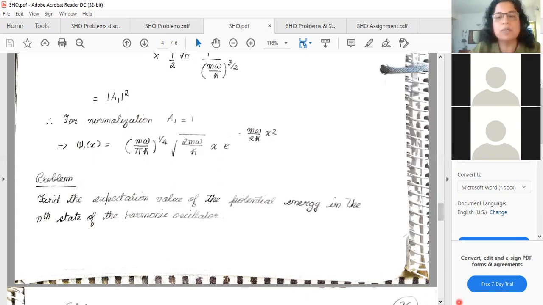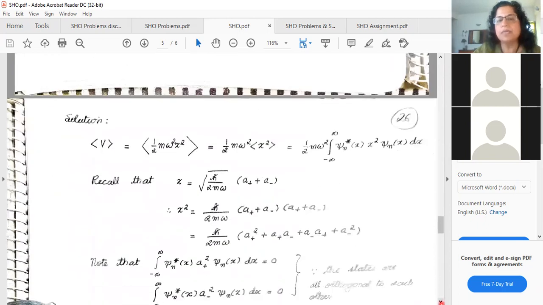In this, of course, what you have to do is remember what your potential energy is. If you remember, it is nothing but half omega square x square, if I'm not mistaken. Yeah, half omega square x square. So what you have to do is just find the potential energy in the nth state of the harmonic oscillator. I just put it up as an exercise.